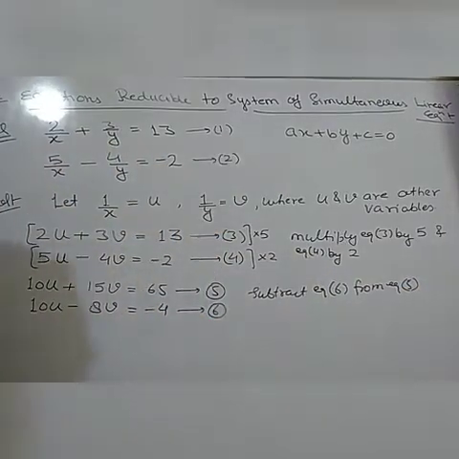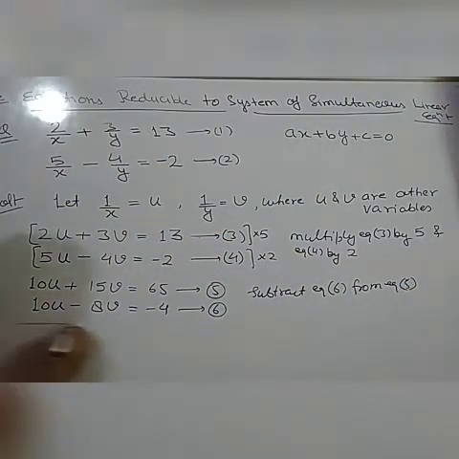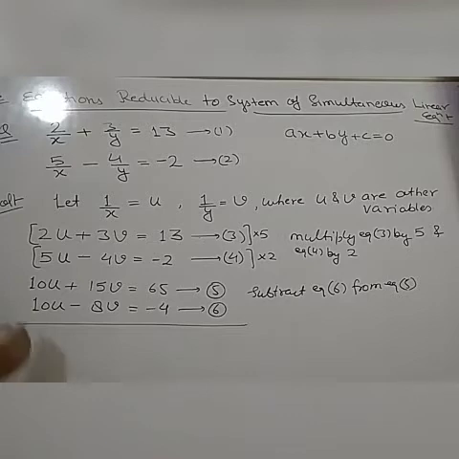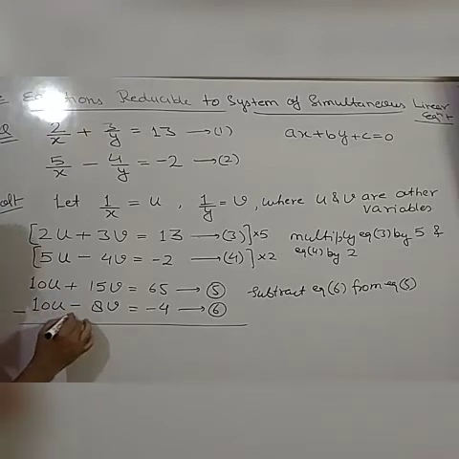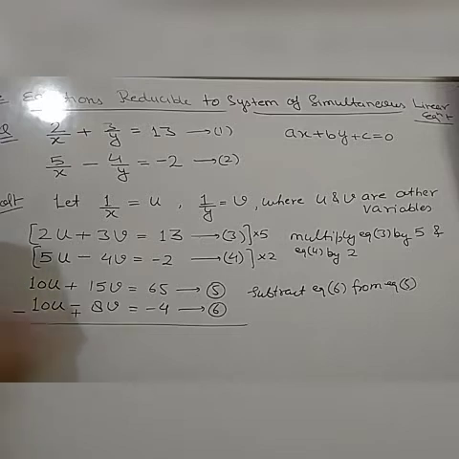So subtracting these two equations, for subtraction there will be sign minus. Now here it is already minus. So when we subtract, it will be converted to plus. Whenever there is a subtraction, change the sign directly. When it is plus, convert it into minus. It is minus, convert it into plus.